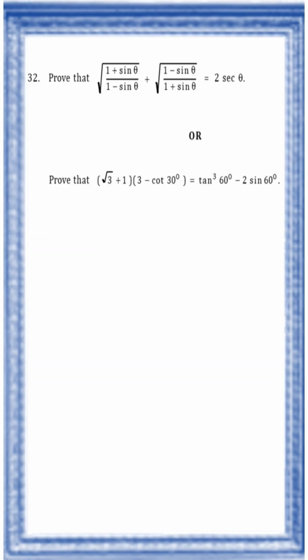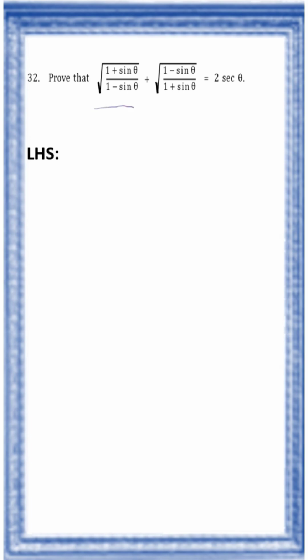Now let us solve the 32nd question. There is an internal choice question taken from the chapter Trigonometry. Now let us solve this one. Prove that square root of (1 plus sin theta upon 1 minus sin theta) plus square root of (1 minus sin theta upon 1 plus sin theta) is equal to secant theta. In the textbook also a similar type of question has been given.